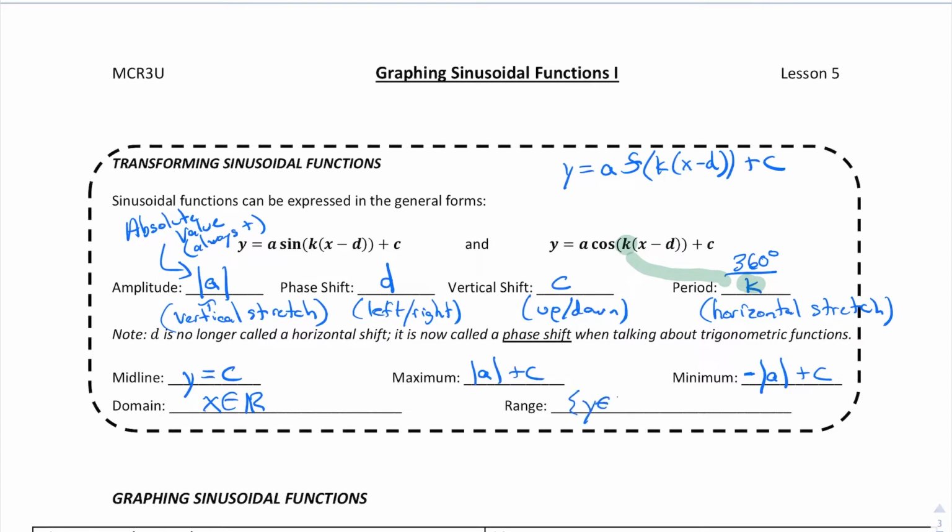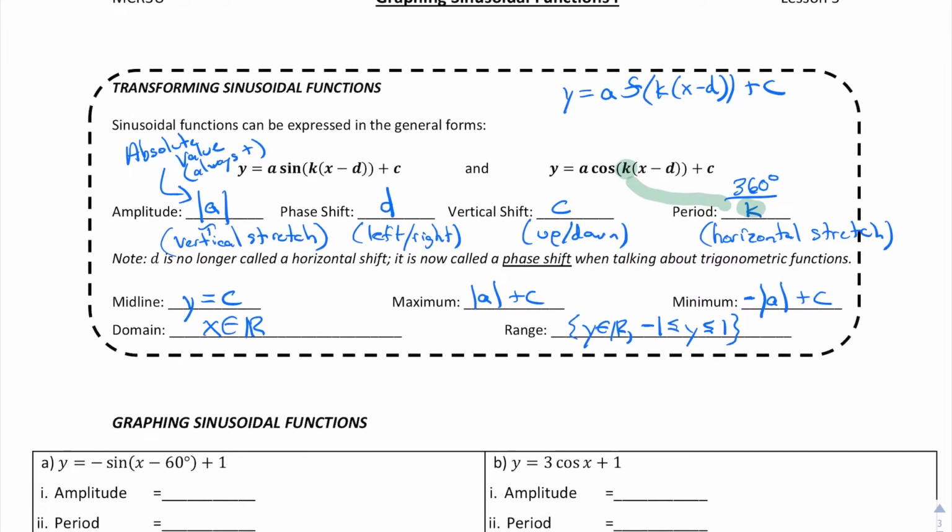It continues on forever. And then my range, a bit more complex, it's going to go from whatever my max or min is, let's just use -1 for now, between -1 and 1. Great.